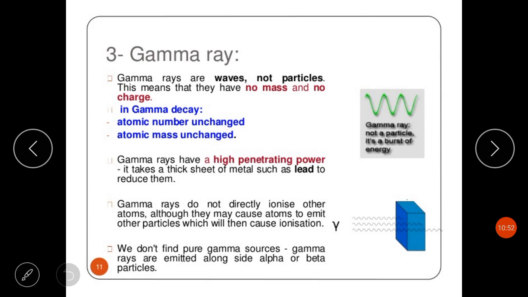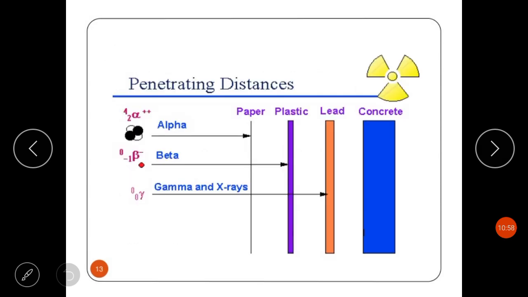They have tremendous penetration power and require several inches of dense material like lead to shield them. Gamma rays may pass all the way through a human body without striking anything, and they are considered to have the least ionizing power and the greatest penetration power.